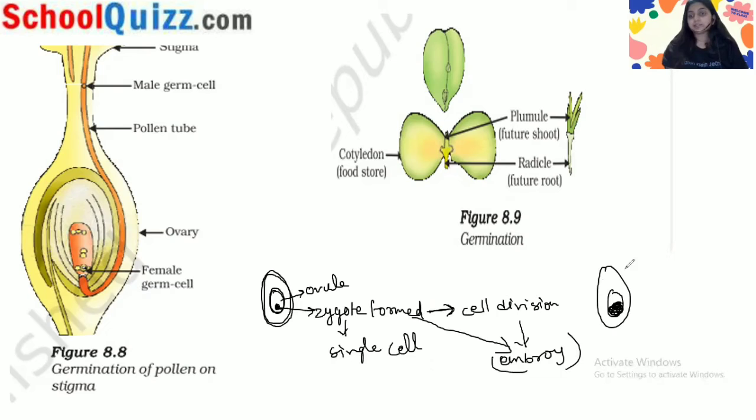And later, when this whole ovary part grows more, it turns into a fruit. So fruit is formed. And the ovule, this ovule, is turned into the seed of the fruit.